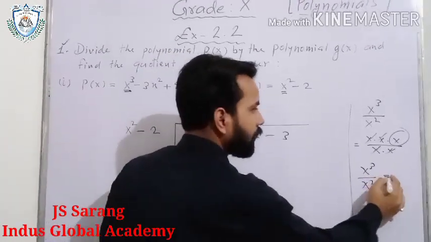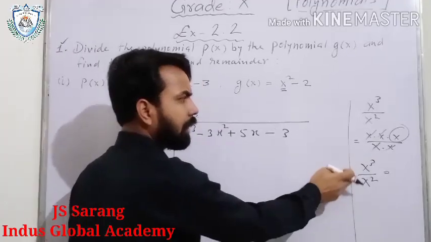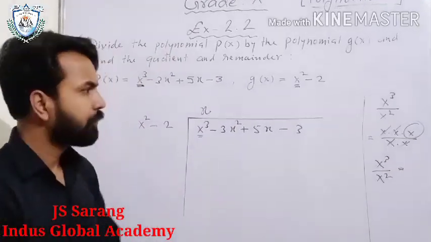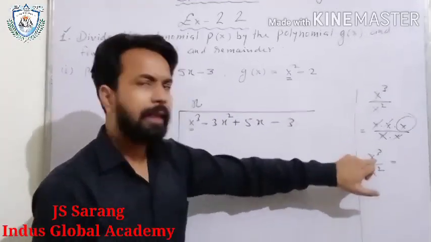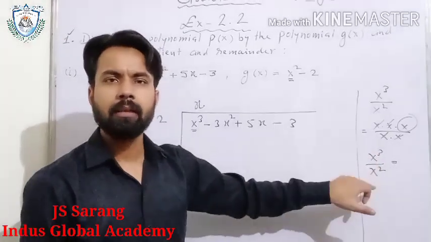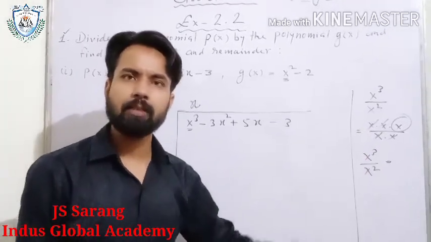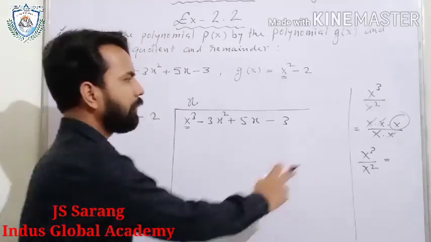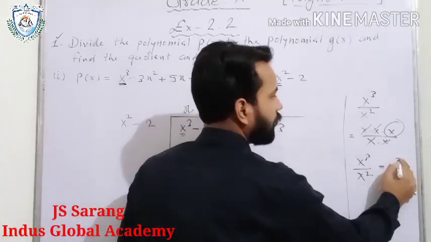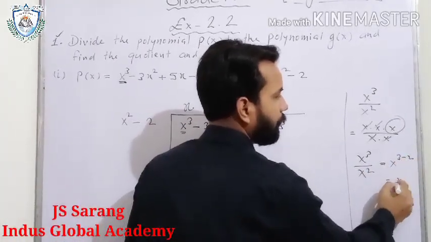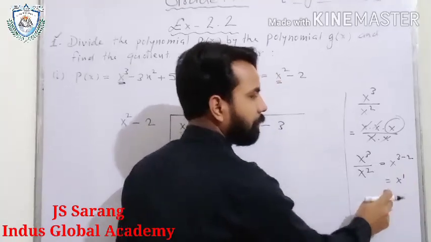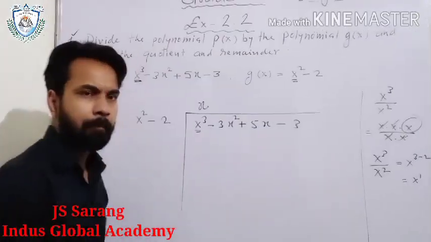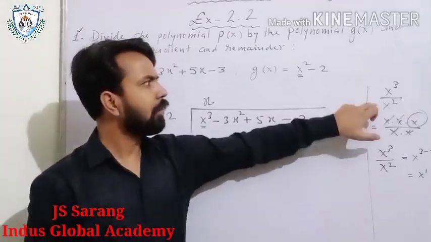Here we can solve this by using the laws of exponents: a to the power m upon a to the power n. In division, if bases are same, then powers will be subtracted. So it will be x to the power 3 minus 2, which gives x to the power 1, means x.